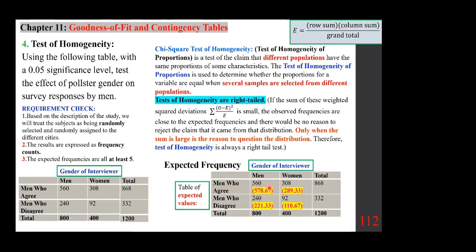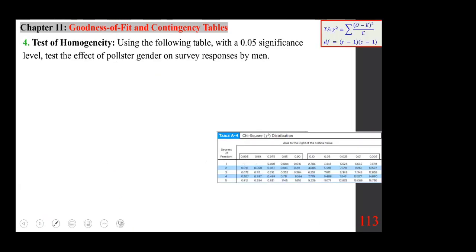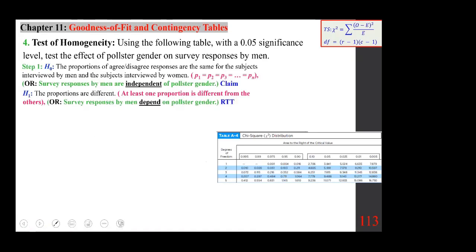Now, the requirements are met. We are looking at random selection. It's a frequency count, and the expected frequencies are 5 or larger. Let's do the test. And the very first step, we can write it in different formats. H0: the proportion of agree-disagree responses are the same for the subjects interviewed by men and subjects interviewed by women.